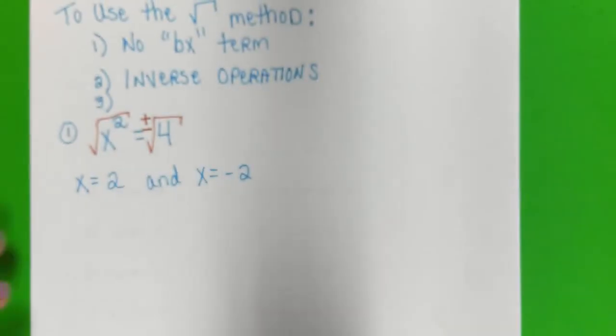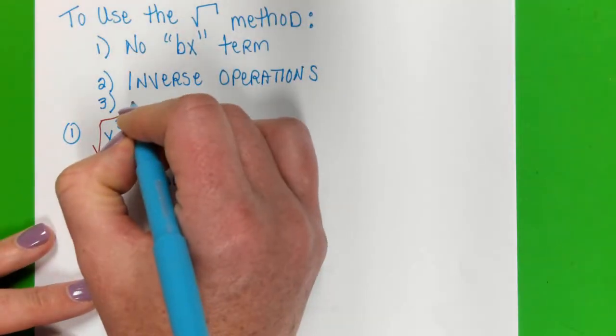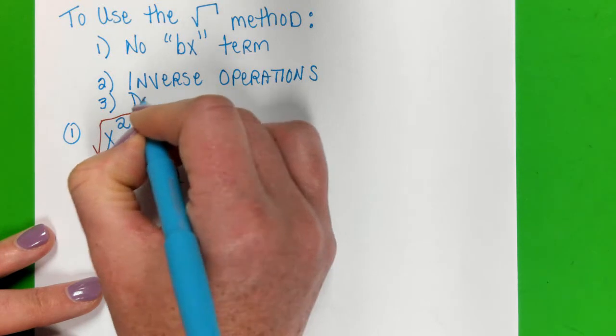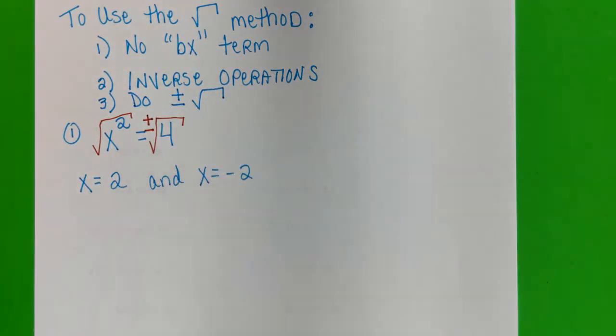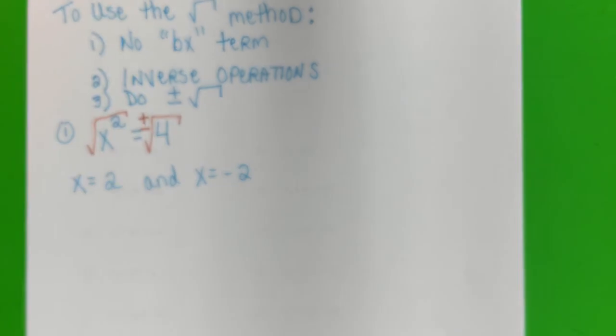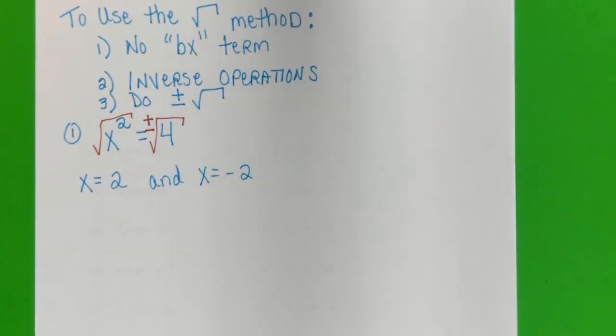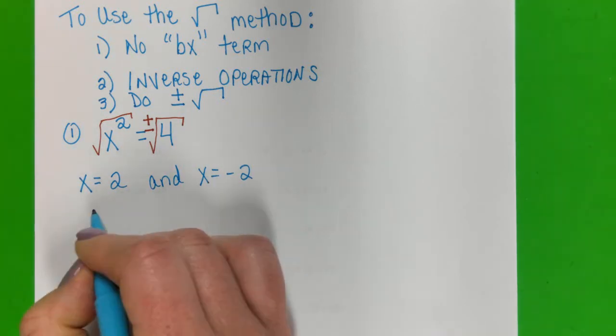So for step 3, one thing we need to remember is we need to make sure we remember to do the positive and the negative square root. We want to get the positive and the negative value of the square root. So for this very simple problem, there are 2 solutions.